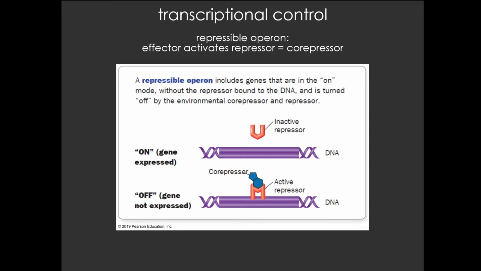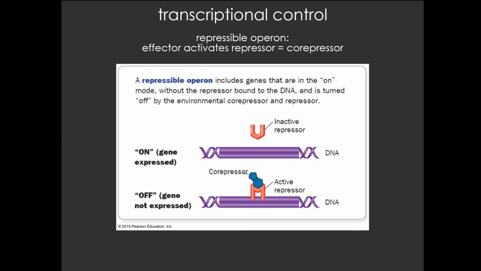So in an inducible operon, you think to yourself, the repressor is on, which shuts off the operon. So the operon is normally off. In order to induce the operon, the effector blocks the repressor, allowing the production of those structural genes. So an inducible operon is normally off.